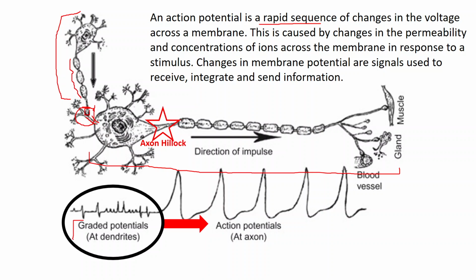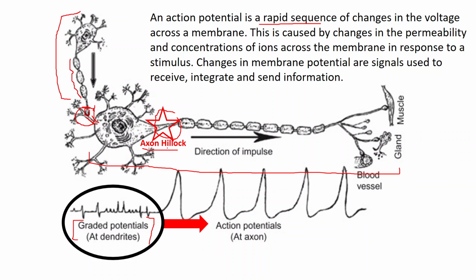What happens in the dendrites and in the cell body is the generation of a graded potential, which, if it's large enough to reach this area here, called the axon hillock, okay? If the graded potential is high enough to depolarize, you know what depolarize means, right?